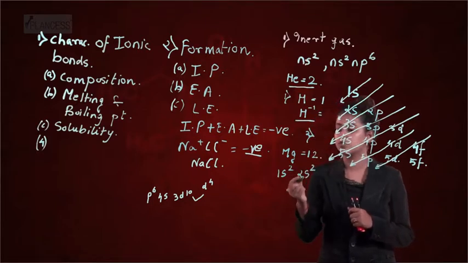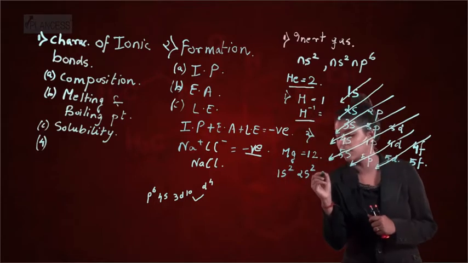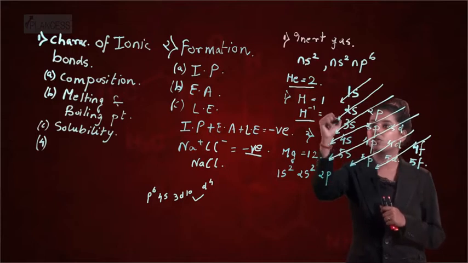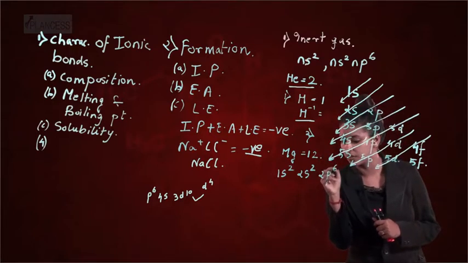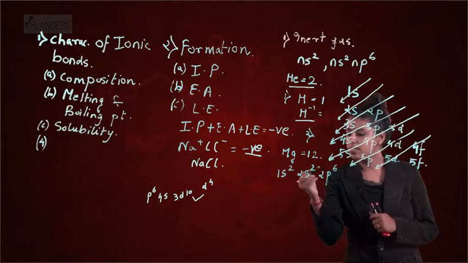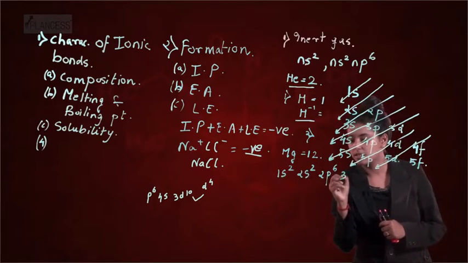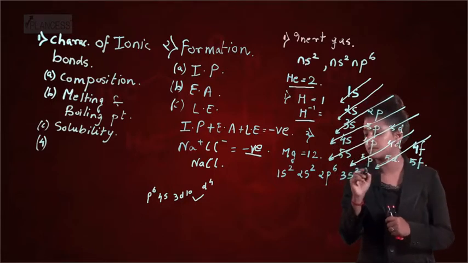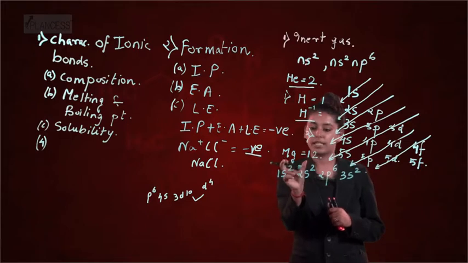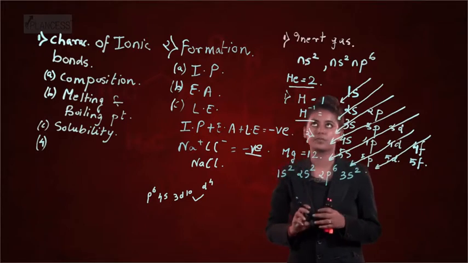So it's 1s2, 2s2. Now we have 8 electrons left. The third one is 2p. So after 1s, 2s, next comes 2p. 2p contains 6 electrons. Thus, it's 6 plus 2 plus 2 making it 10. And it is 3s, which again contains 2 electrons. So for magnesium, it is 1s2, 2s2, 2p6 and 3s2.